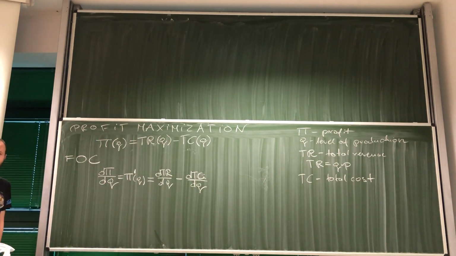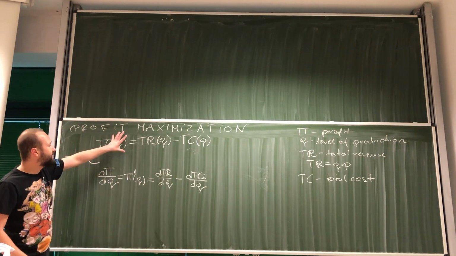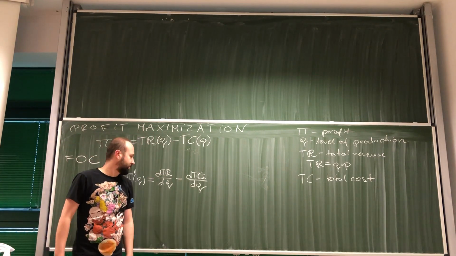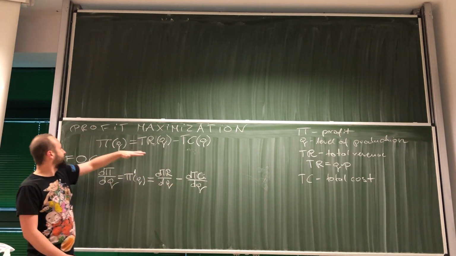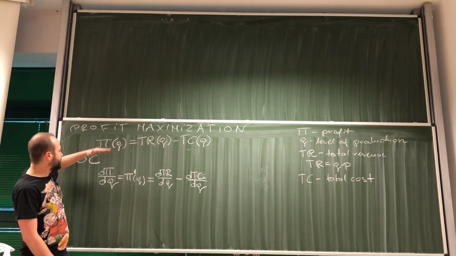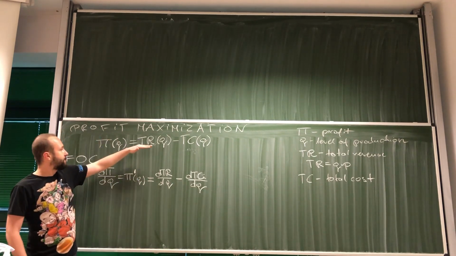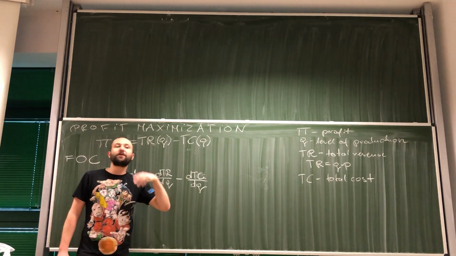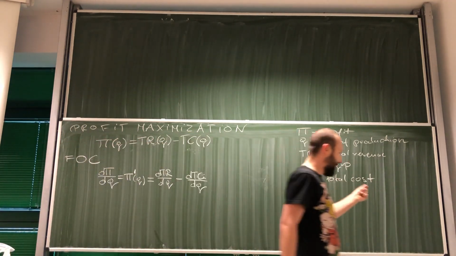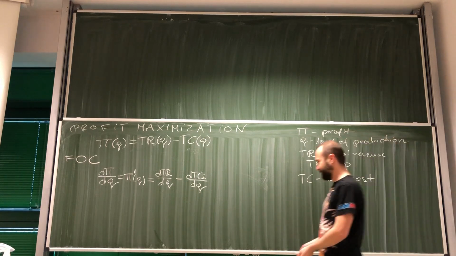Remember that even though we have no idea at this moment what the specific form of these functions is, it does not prohibit us from expressing the first derivative of profit as a difference of the derivatives of total revenue and total cost. Why? Because we actually proved that the derivative of a difference is equal to the difference of the two derivatives.